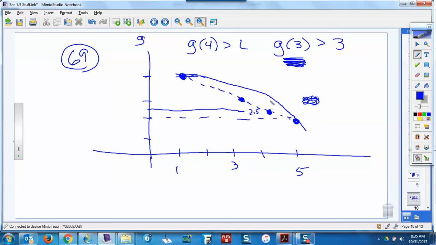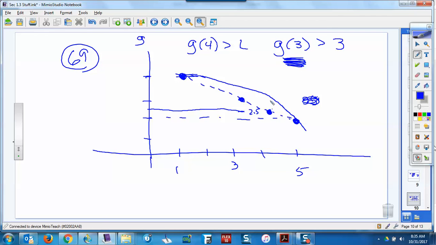Wouldn't any number less work, because you said greater than? g of 4 has to be greater than 2.5, but the question is find the number L. So L could be 2.5, because g of 4 has to be greater than 2.5. But couldn't L be 2.4? Doesn't g of 4 have to be greater than 2.4?